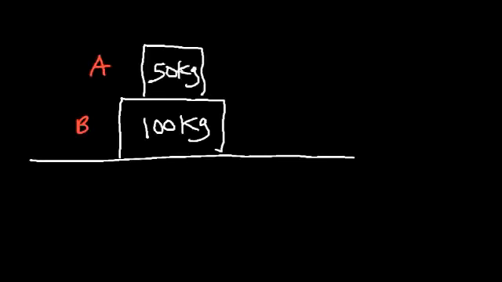Now the gravitational acceleration is 9.8, but just to keep the numbers nice and easy to deal with, let's say g is approximately 10. Let's just round it. So what is the force that B exerts on A, and what is the force that A exerts on B? And also, what is the force that the surface exerts on B, and what force does B exert on the surface?